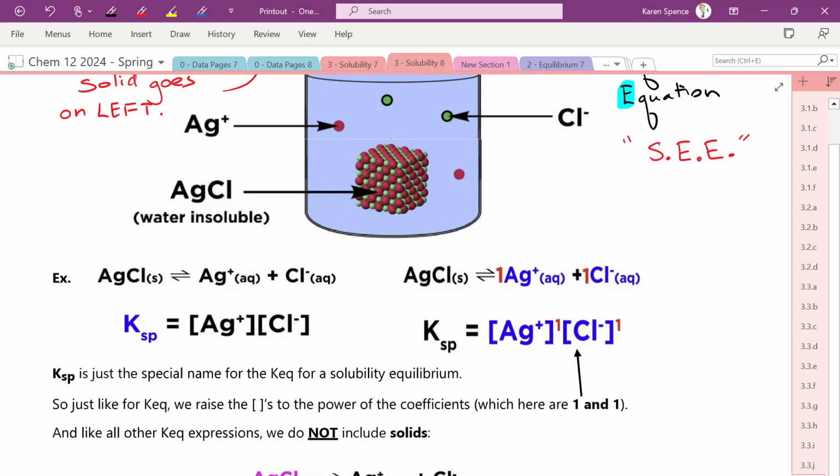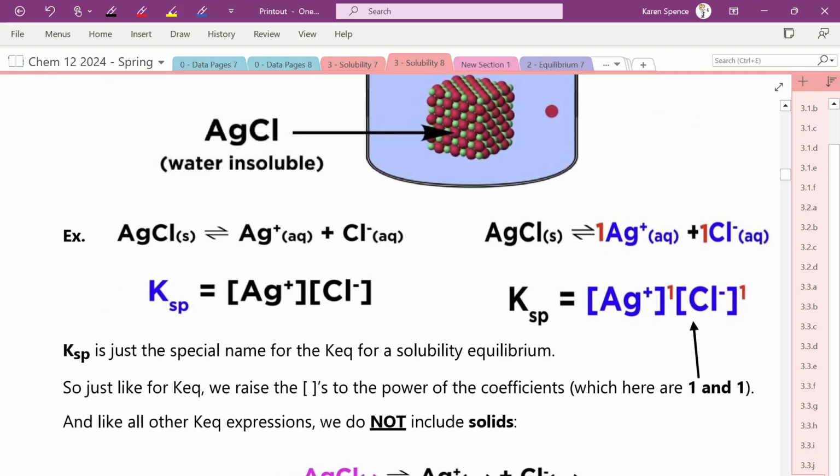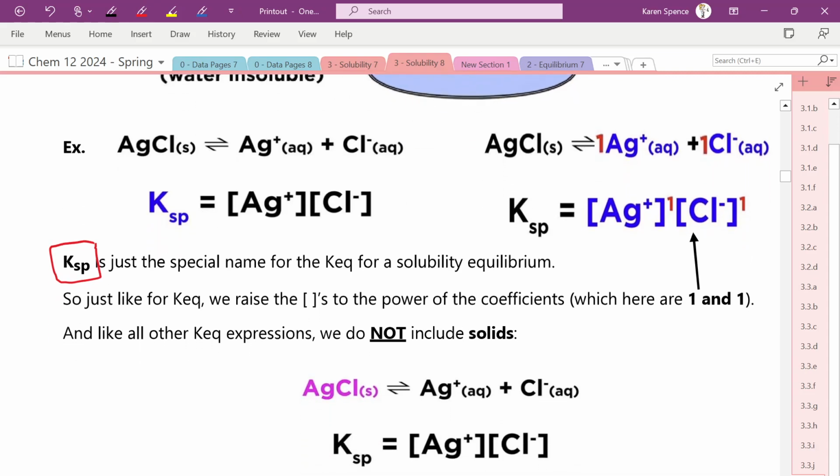I think you guys are pretty good at writing KEQ expressions these days. Yes, you've had lots of practice. So writing it here, the only thing to remember is do not include the solid. KSP is what we call it, stands for solubility product. We do not include solids.